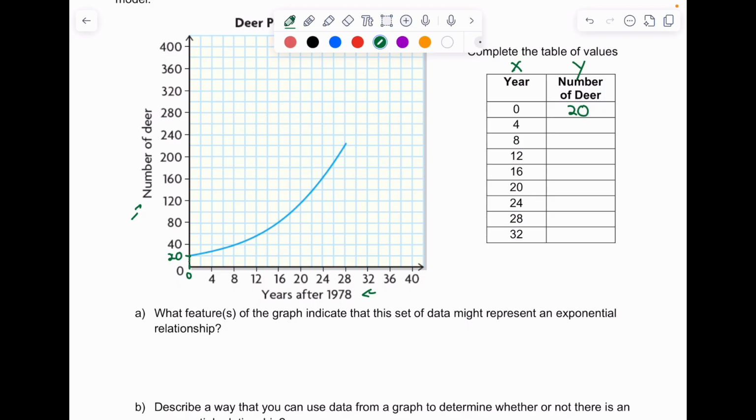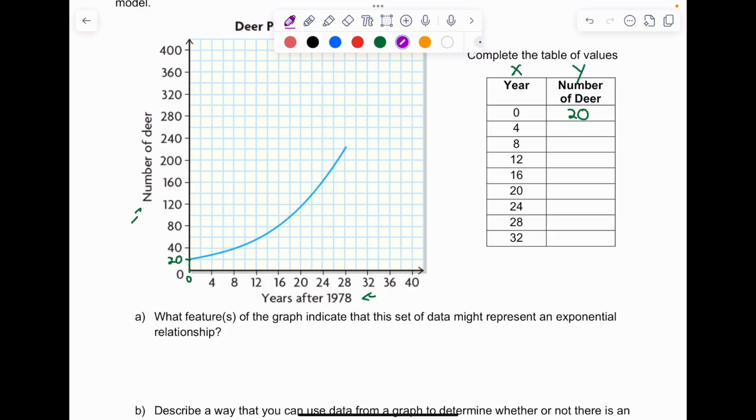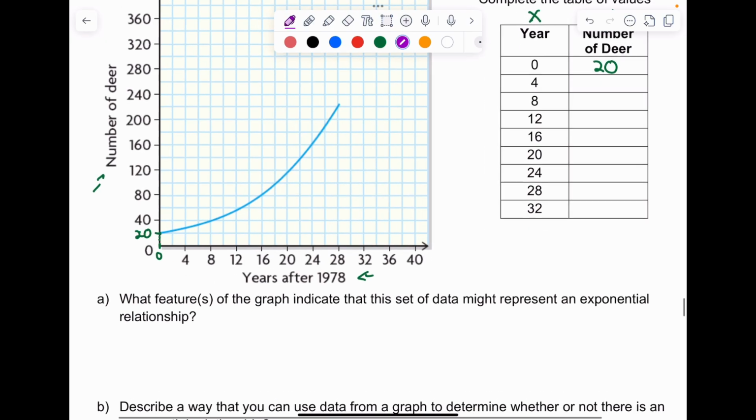And I'm going to intentionally put this next point in a different color, because I want you to see a pattern when we start answering the questions. So if I look at year 4, let's go up. It looks like we're halfway between 20 and 40, so this would be a value of 30. So let's do 8. We go up here on 8, read it across. Well, that's at 40.